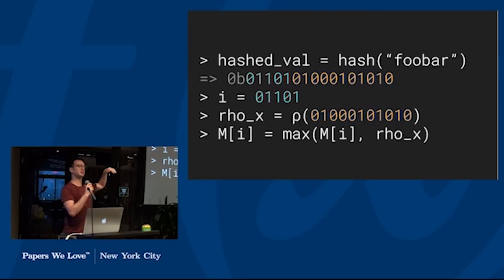Those are those bits in blue, and we're going to use that as the index to pick the substream we're going to. We're going to take the remaining bits, those bits in orange, and we're going to calculate that bit pattern observable over all of them. And then we're going to use that index to pick the right substream, and we're just going to keep the max of that row we calculated with whatever the value was before, right?